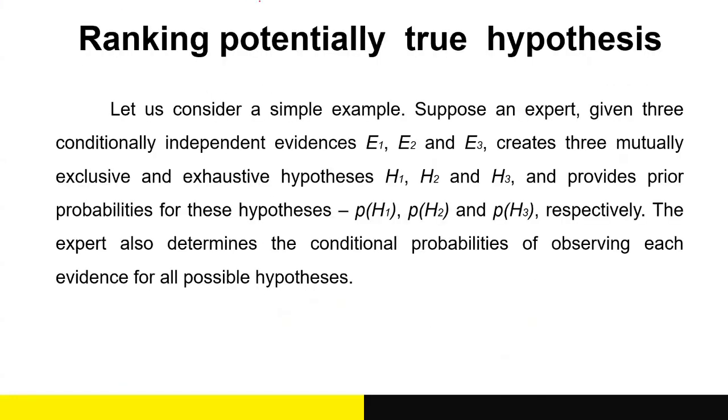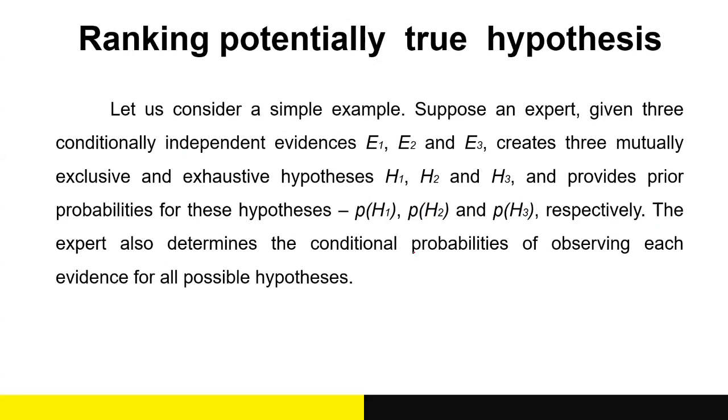Ranking potentially true hypotheses. Let us consider a simple example. Suppose an expert, given three conditionally independent evidences, evidence 1, evidence 2, and evidence 3, creates three mutually exclusive and exhaustive hypotheses, hypothesis 1, hypothesis 2, and hypothesis 3, and provides prior probabilities for these hypotheses: the probability of hypothesis 1, the probability of hypothesis 2, and the probability of hypothesis 3, respectively.